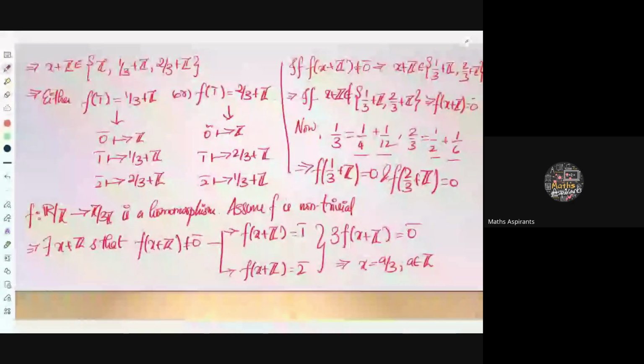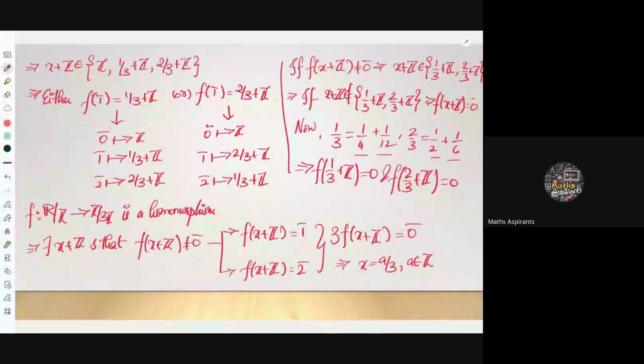So basically what we got here is, given any homomorphism f from R mod Z to Z by Z mod 3Z, the only possible homomorphism is the trivial homomorphism. Right.